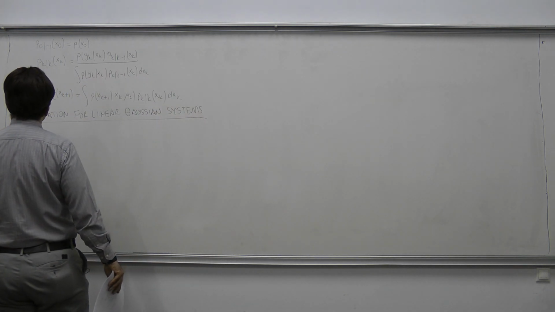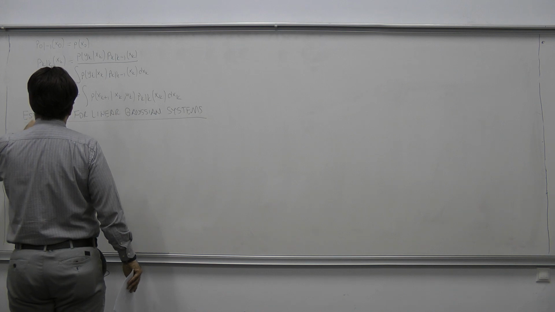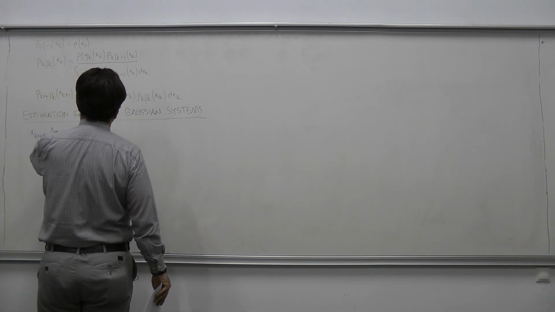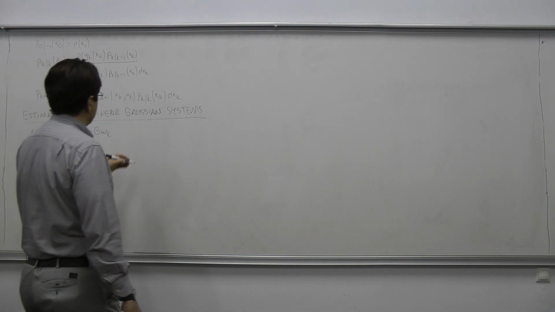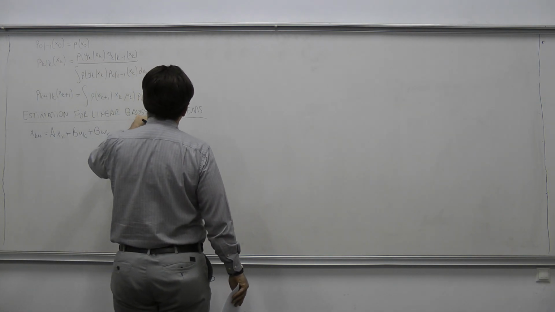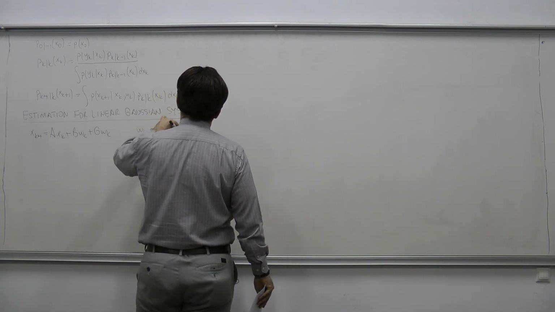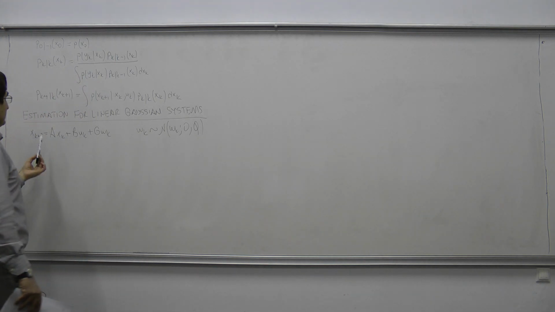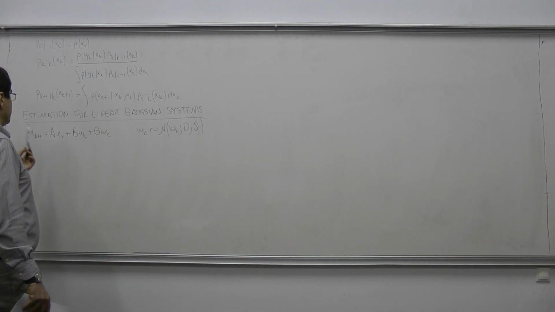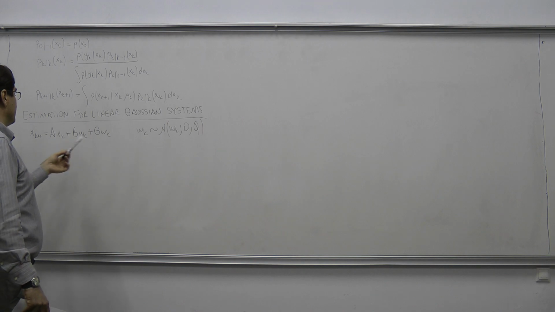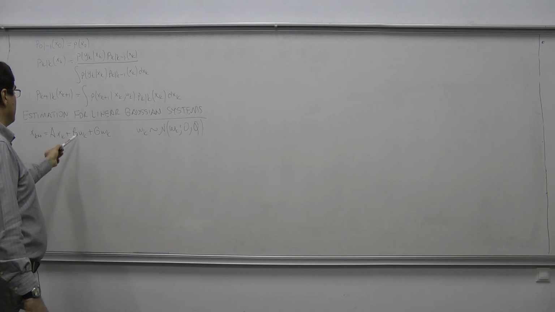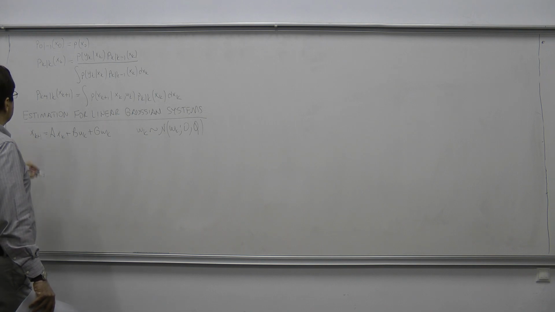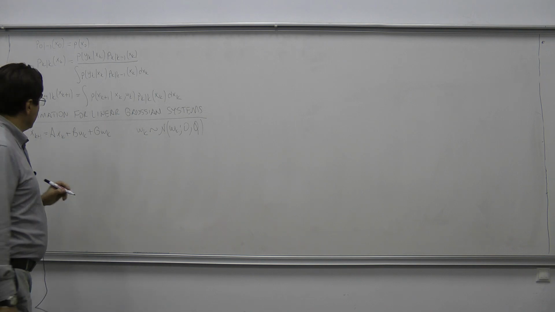So I would have xk plus 1 is equal to A xk plus B uk plus G wk, and wk is the process noise here. And we know that wk is distributed as normal with zero mean and covariance Q. Here I make the system time invariant, but in general, of course, this A, B, G can depend on time. So I can write A sub k, B sub k here. But here we are going to consider the time invariant case for the sake of simplicity.